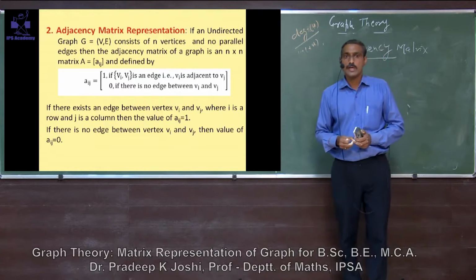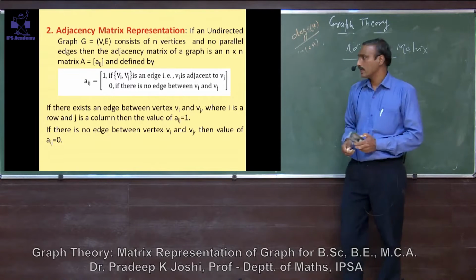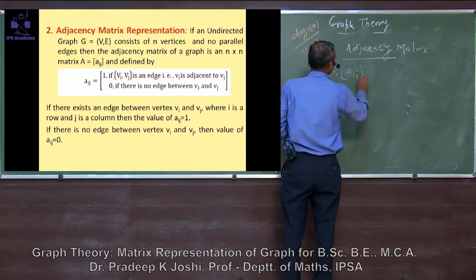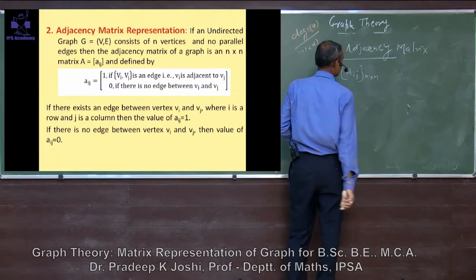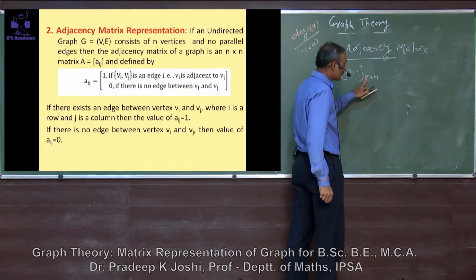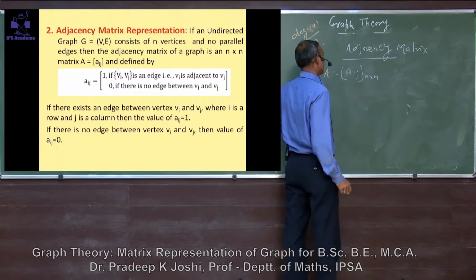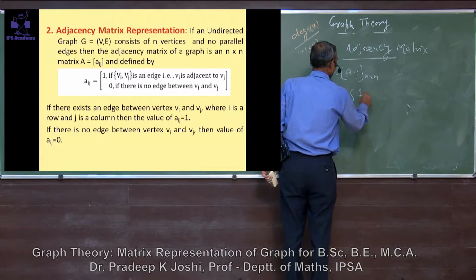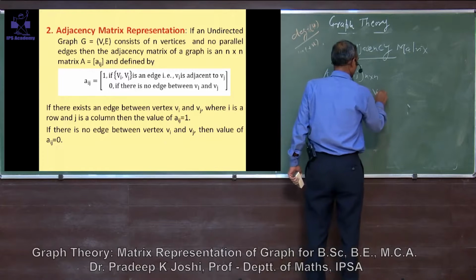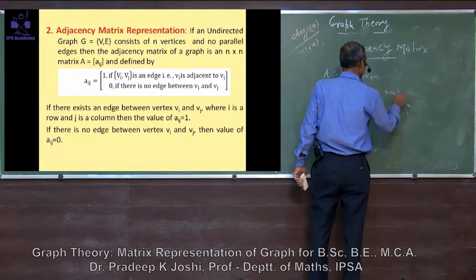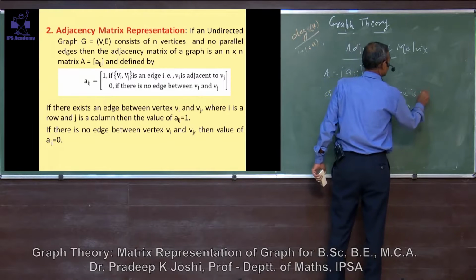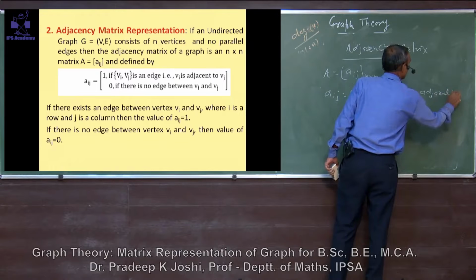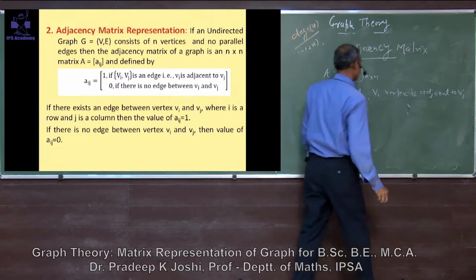Define A = [Aij]. This is an n by n square matrix, because both the rows and the columns represent vertices. The elements of A will be either 1 or 0. If vertex Vi is adjacent to Vj, then put 1.